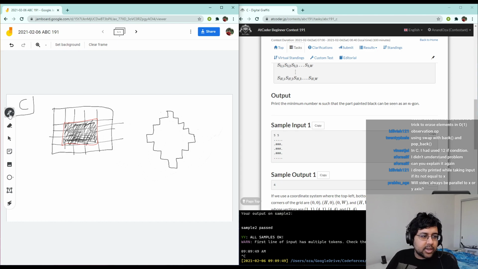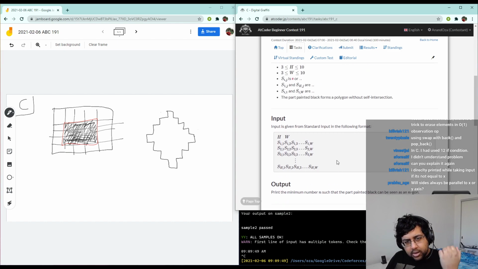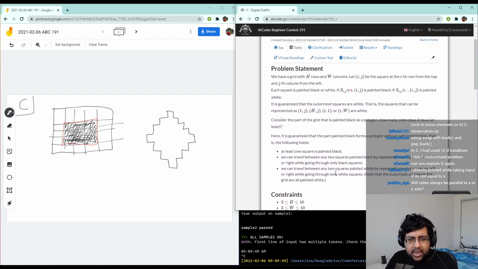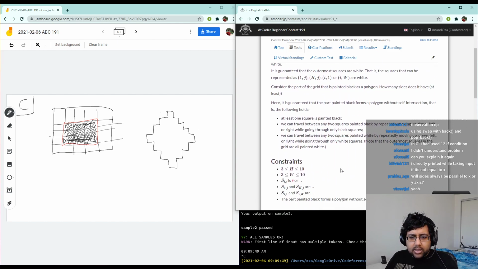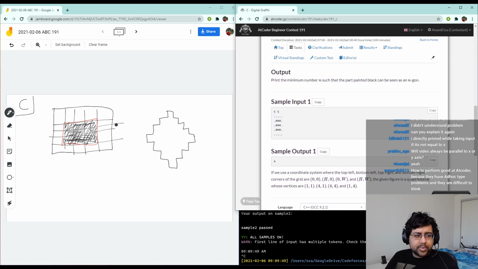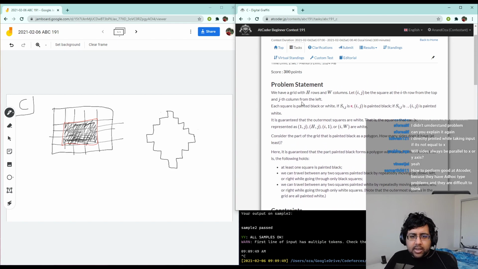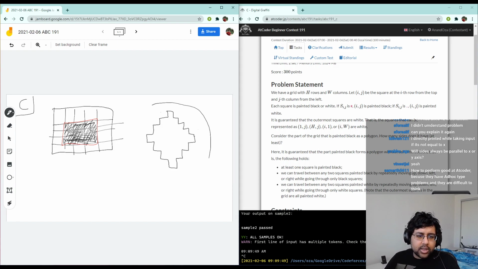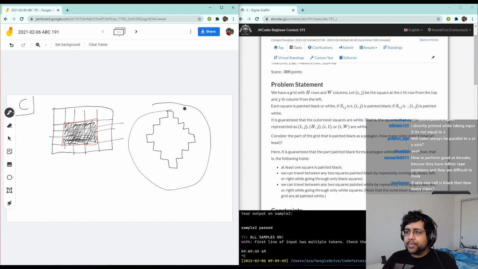I think it's supposed to be 20 sides, but it's weird that they didn't really have any explanation of that, and they also didn't show a picture the way that I drew this to show the cell. But they do say that the cells are squares and that this square is painted black. So I think it's somewhat clear that it's supposed to be interpreted like this, but it's not completely clear.